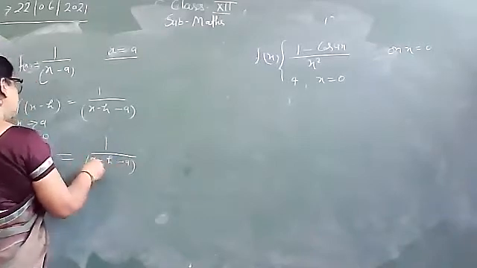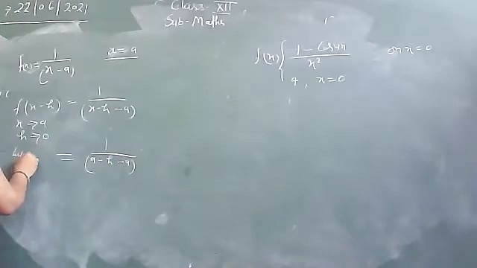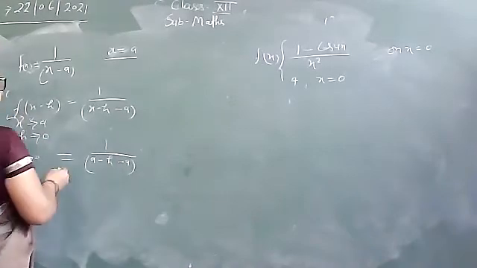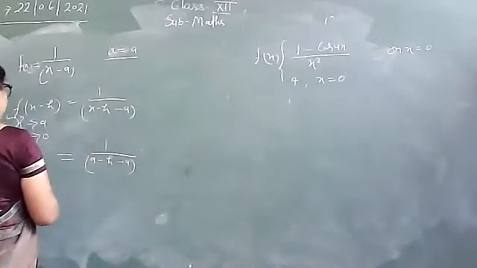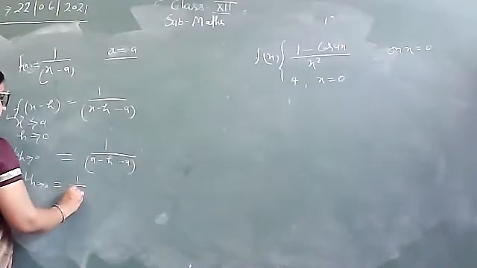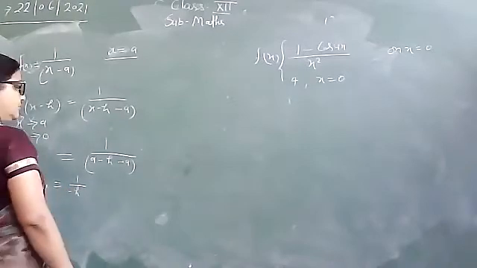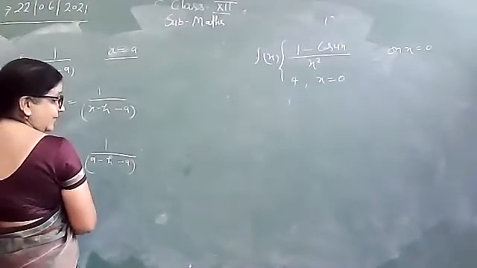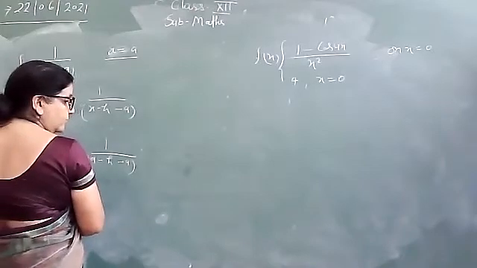Limit h tends to 0, this is cancelled, equal to 1 upon minus h.